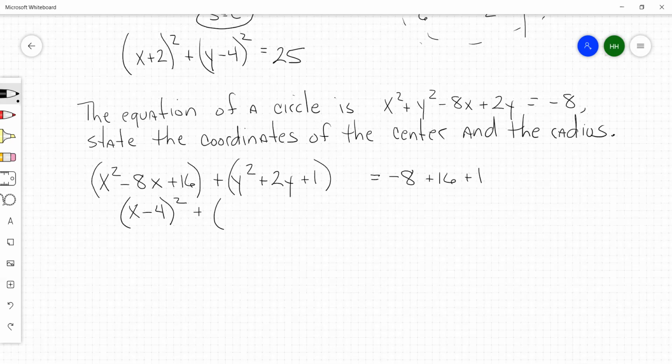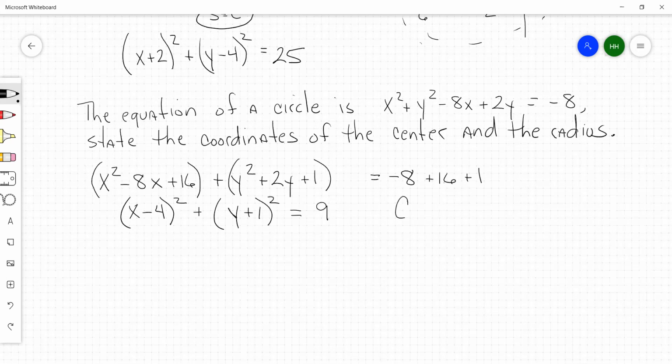So half of that positive 2 is the other factor. That's y plus 1 squared. And it's all equal to the negative 8 plus 16 plus 1. Negative 8 plus 16, that's 8, right? Plus 1 more is 9.